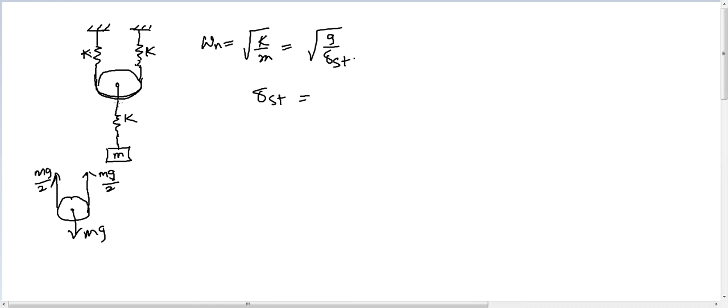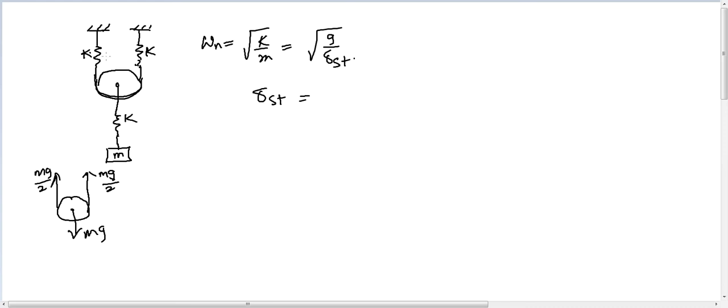So the force in this spring is nothing but mg, because this is mg and it is connected to the mass like this, and the force in this spring is mg by 2, and in this spring is also mg by 2.